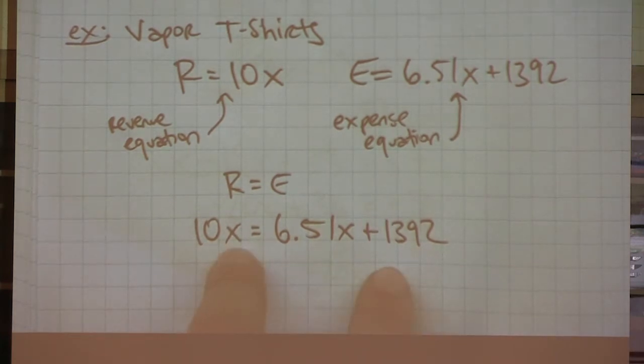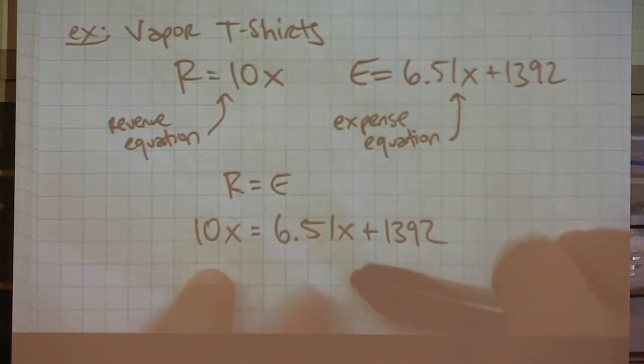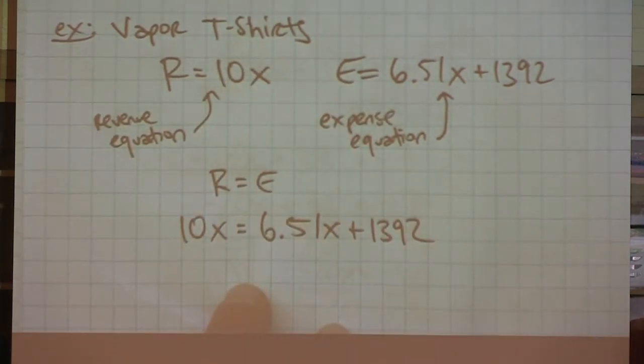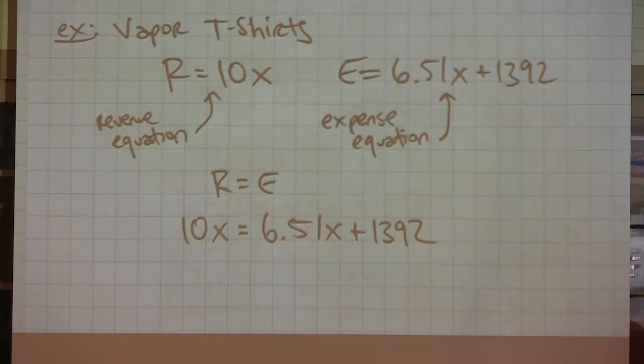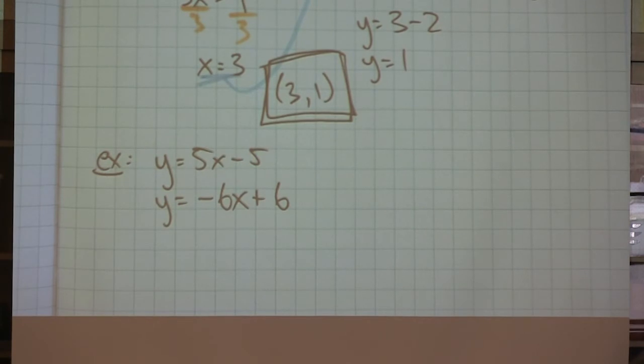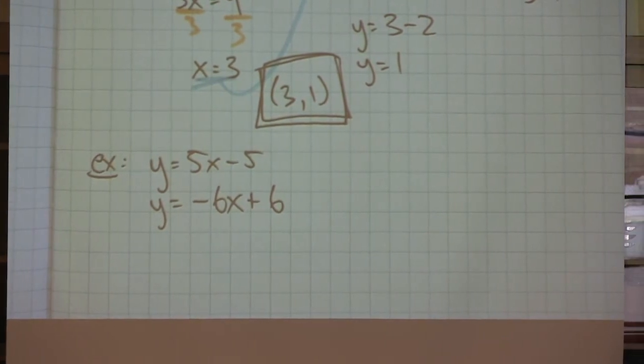Here's an equation right here, in terms of revenue and expense. Go ahead and solve that equation. I'm going to go over this one a little quicker, pointing out some key things.